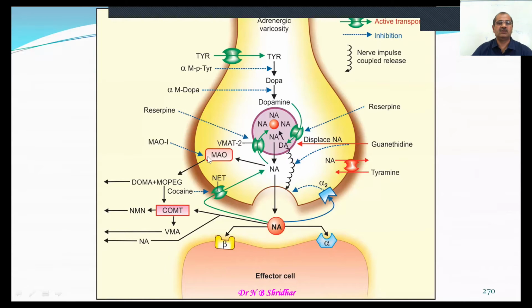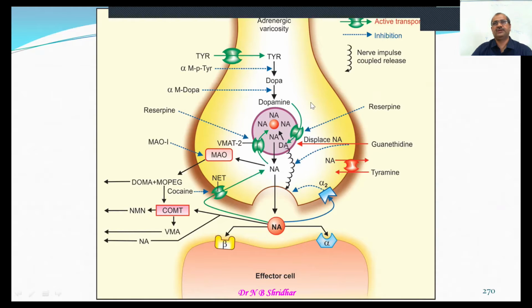Monoamine oxidase is an enzyme which converts the norepinephrine to vanillyl mandelic acid, or COMT converts the metanephrine to normetanephrine. Ultimately, COMT is present in the synaptic cleft, whereas monoamine oxidase is present in the axonal terminal.